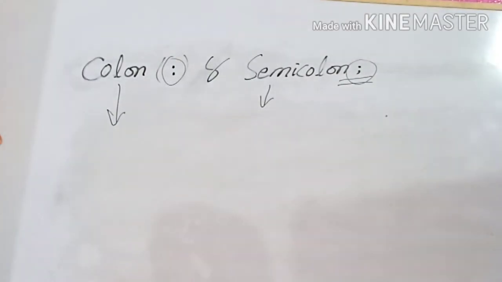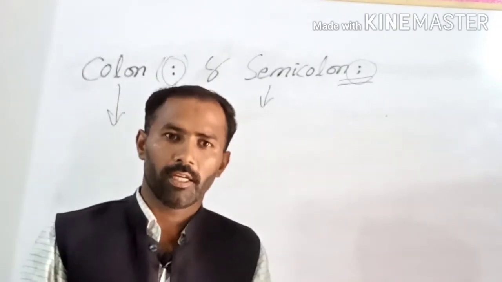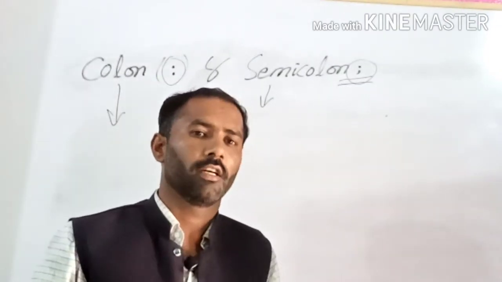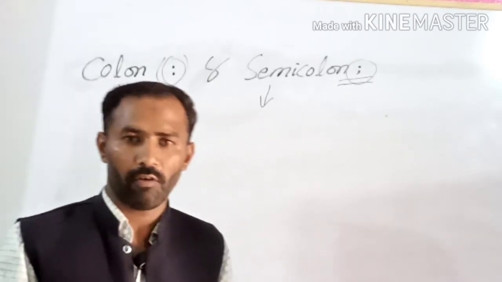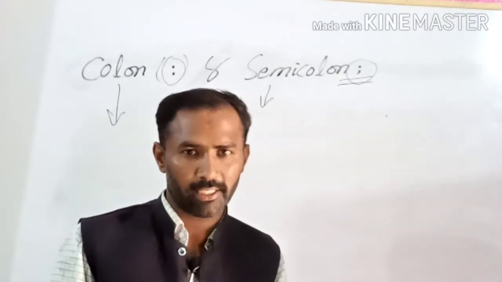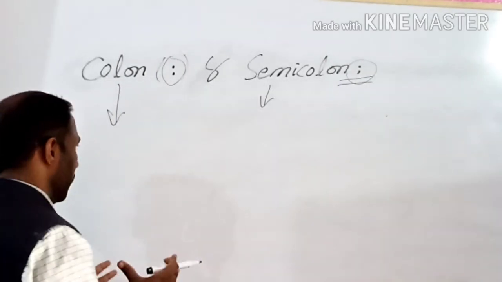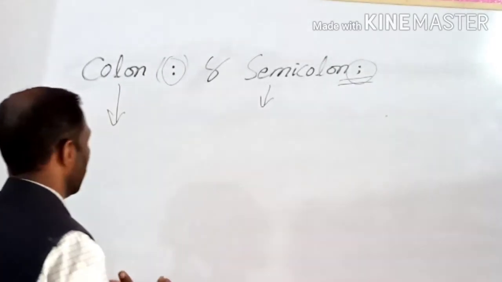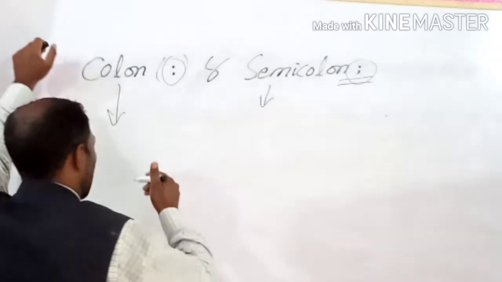If I say that I went with him to watch a movie, and after watching the movie, we shared our views with each other. I thought it was amazing, he thought it was terrible. So when we would be connecting these two sentences, that time we would use a semicolon.